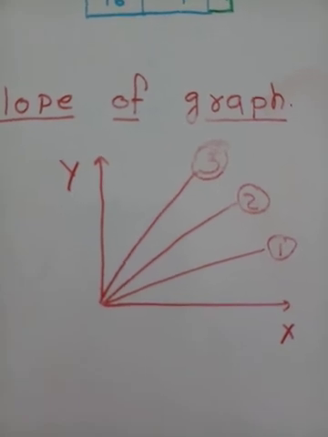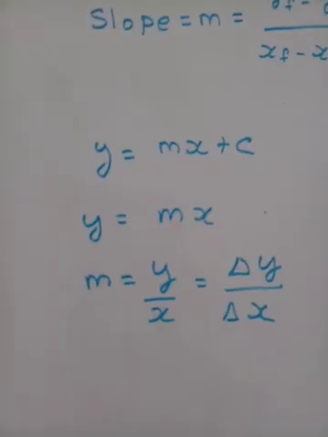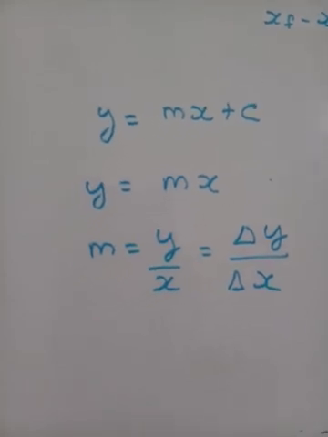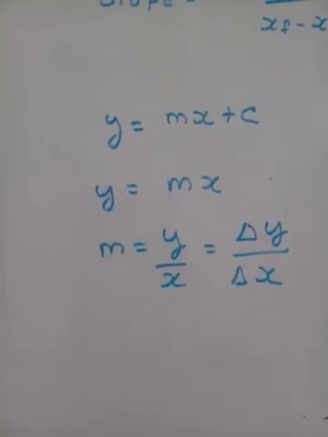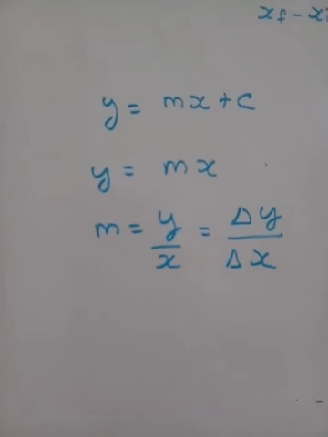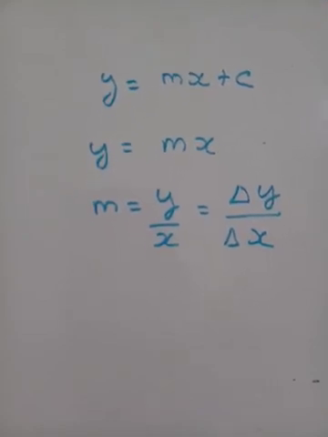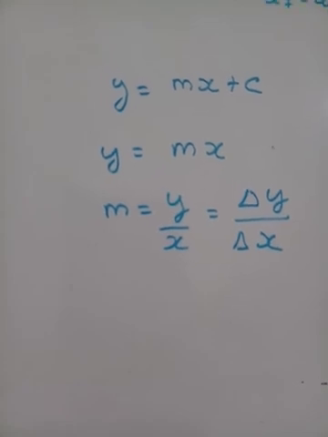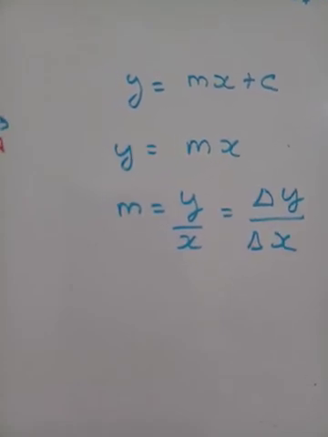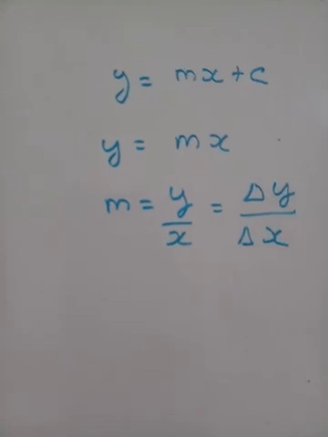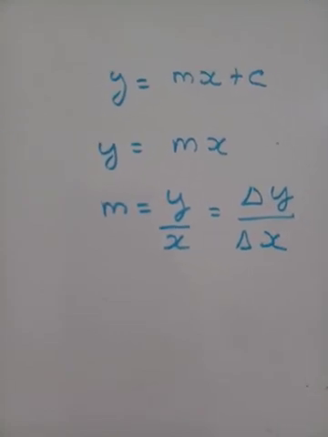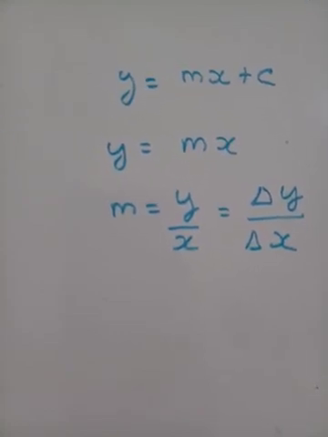Now coming to the linear equation. This is how we write any linear equation. You know what a linear equation is? Yes, a linear equation is one whose graph is a straight line. So this is the general linear equation: y equals mx plus c. The y coordinate is y, the x coordinate is x, m represents the slope, and c is a constant number.